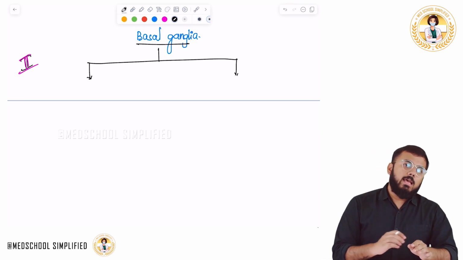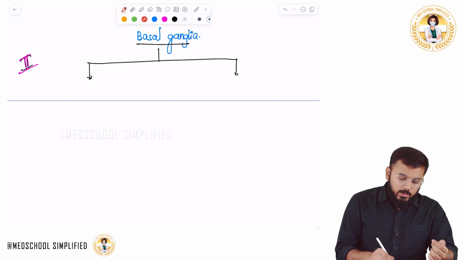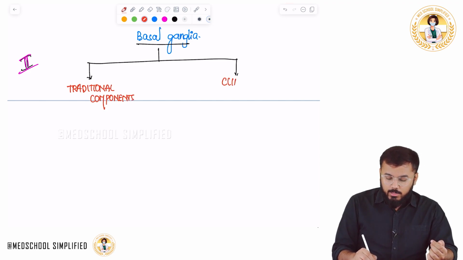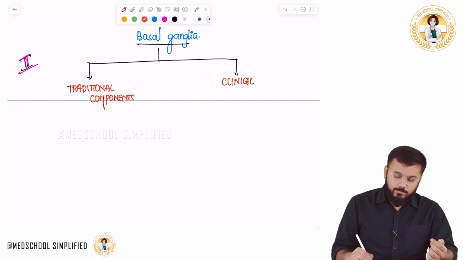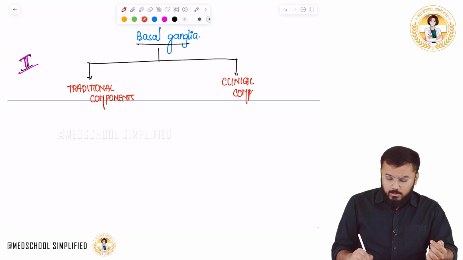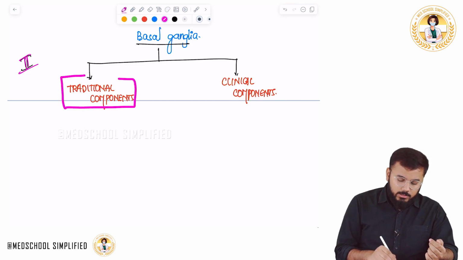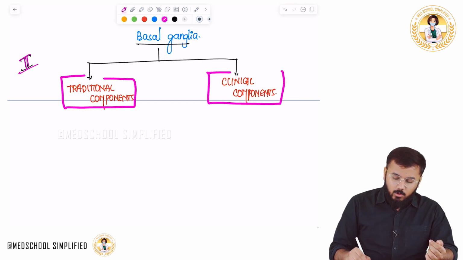Another one is called clinical components. So what do you mean by traditional components and what do you mean by clinical components?